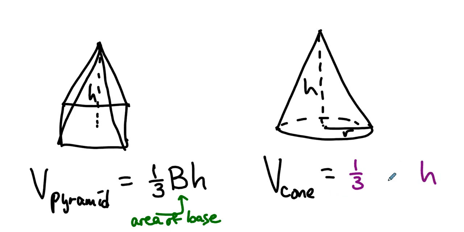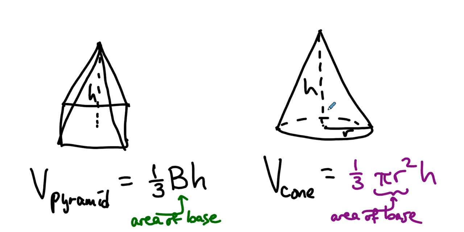But we're not just going to write a big B here, because we know the area of the base is the area of a circle. So pi r squared is the area of the base, and you can confirm with experimentation that if we find a cylinder with the same base radius and the same height, 3 of the cones will fill that cylinder.